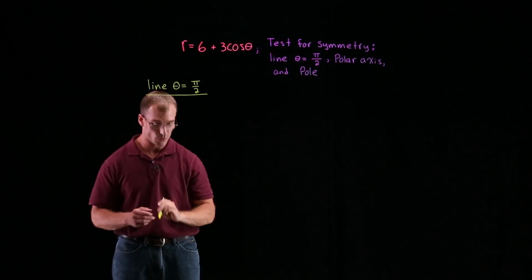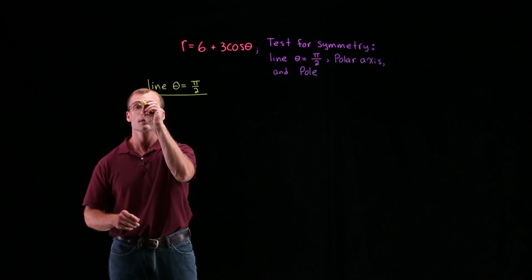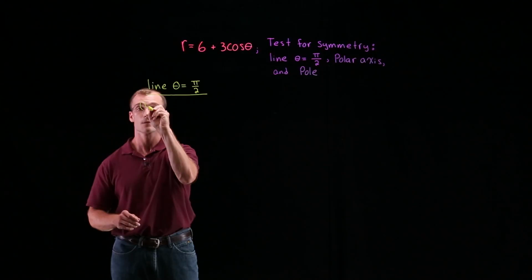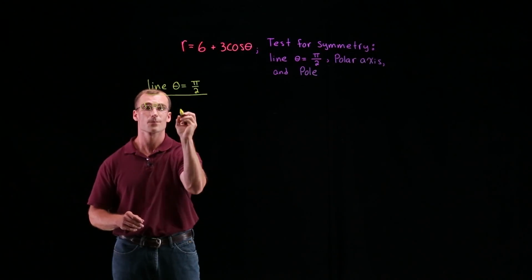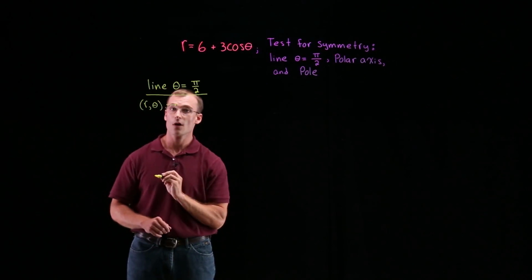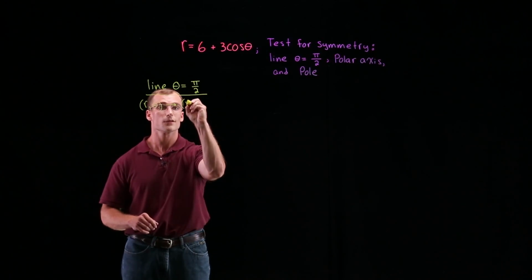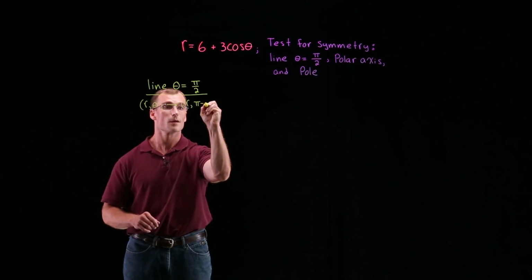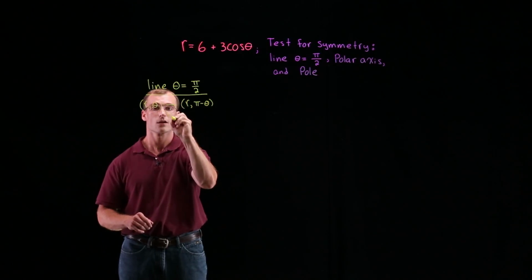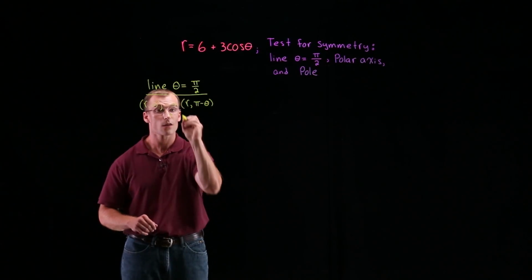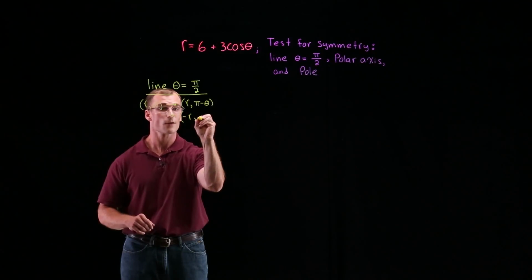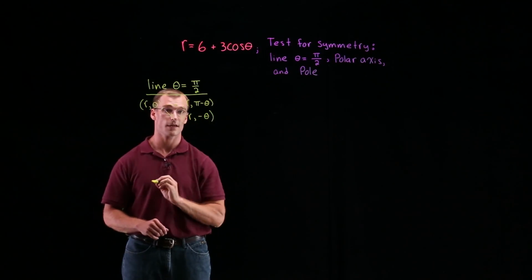Now, how we test for symmetry here is by making a coordinate substitution. For r and theta, we could substitute the point r, pi minus theta, or the point negative r, negative theta.